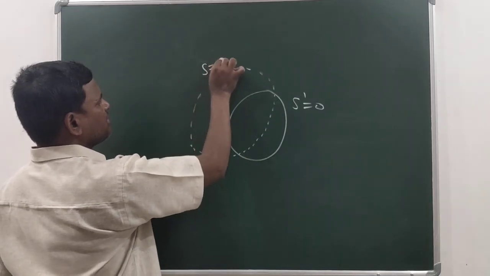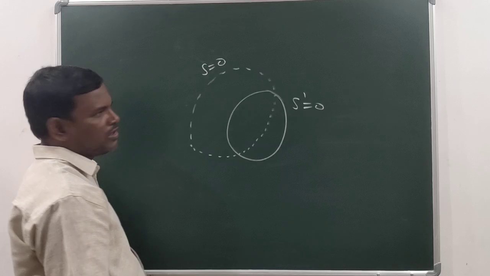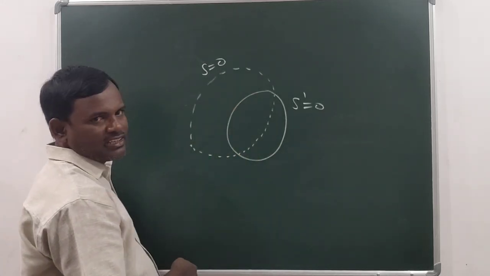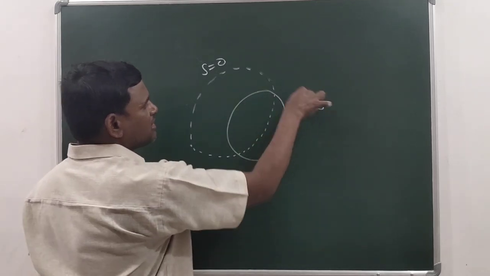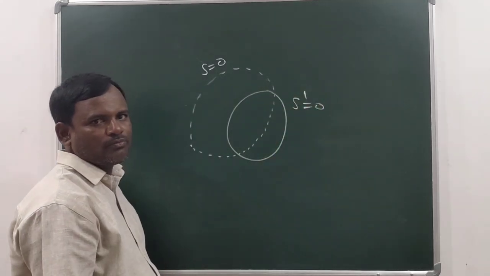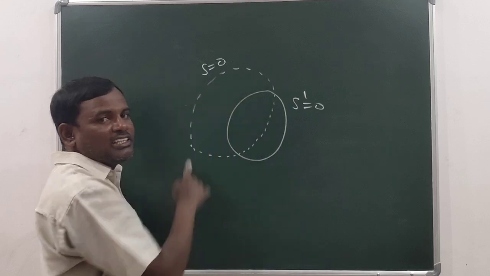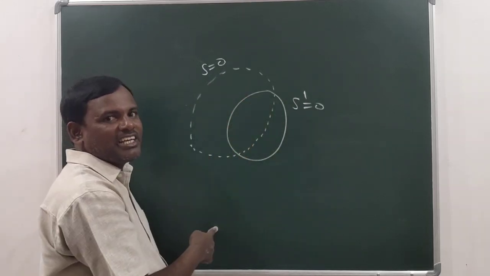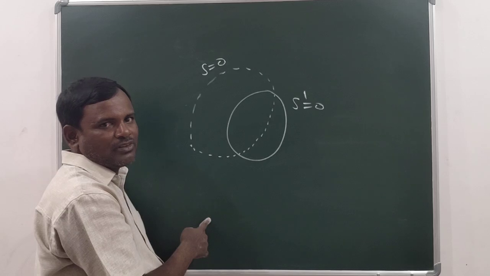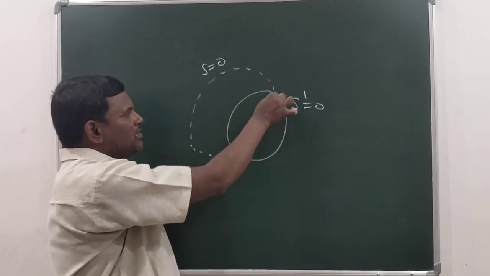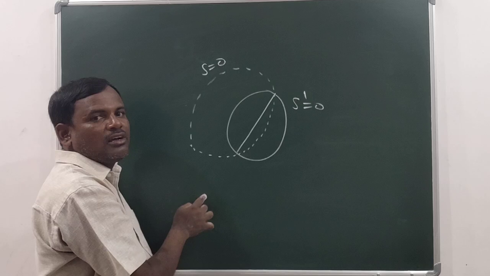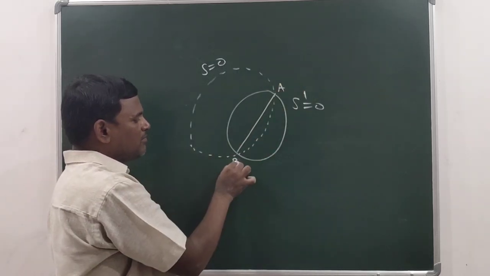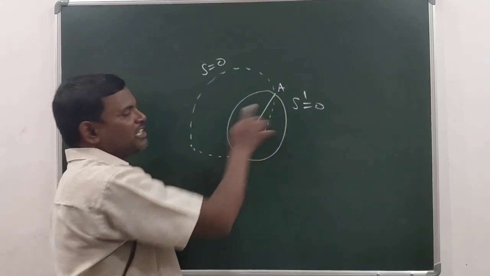Let us name the one whose equation is S equal to 0. This dotted circle is bisecting the circumference of S dash equal to 0. Then this common chord will be the diameter for the second circle.